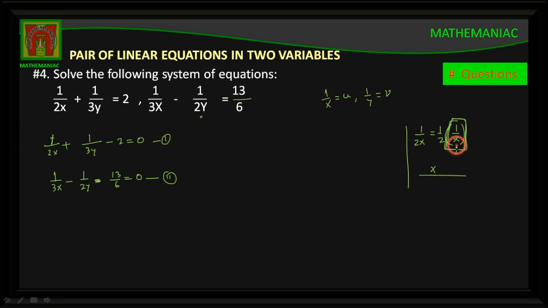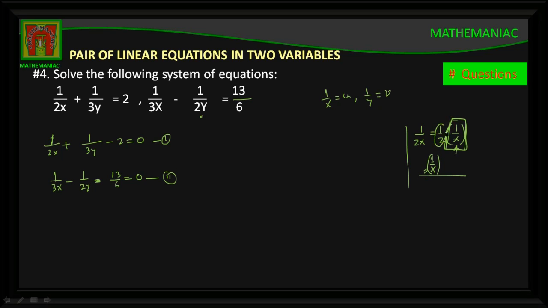This time, in my mind, I'll consider this as 1 by x, but I'll compare this with x. So whenever you write the cross multiplication relation, you will write 1 by x in place of x. Did you get me?